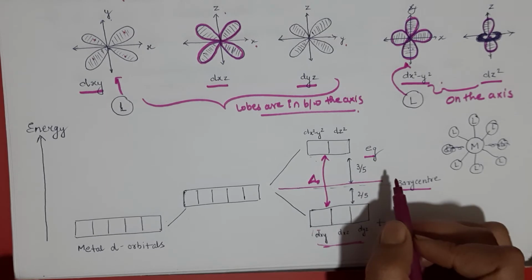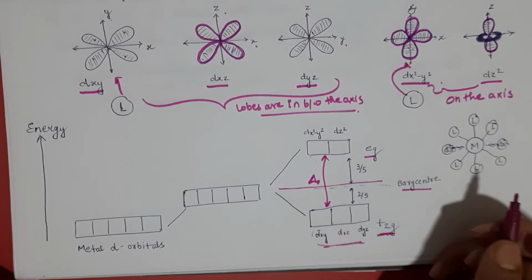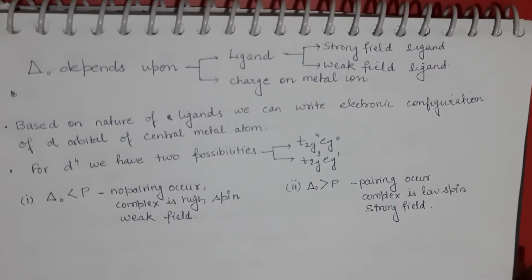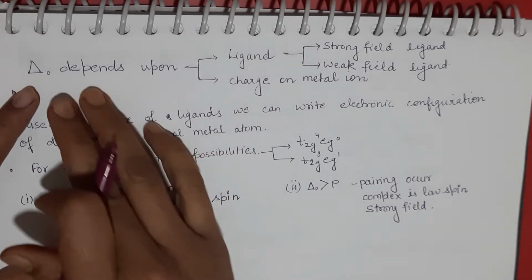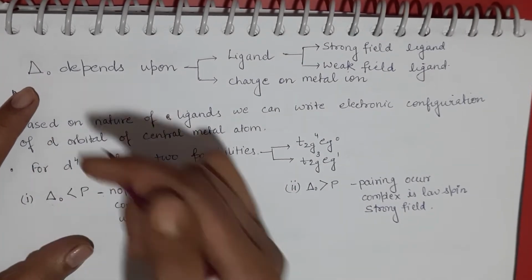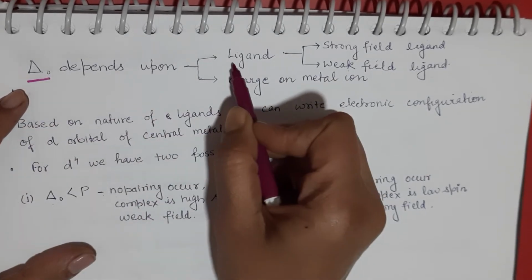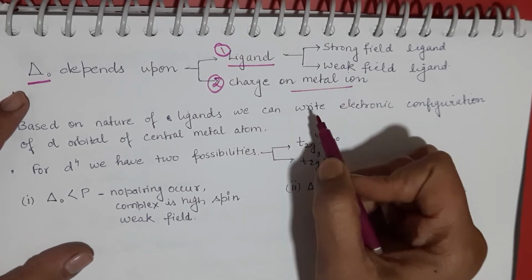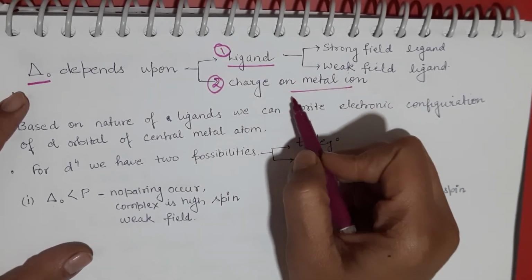Okay, so now the next is the crystal field splitting in tetrahedral coordination entities. But before that, we have to know about delta naught also. So delta naught depends upon the ligand and the charge on the metal ion.